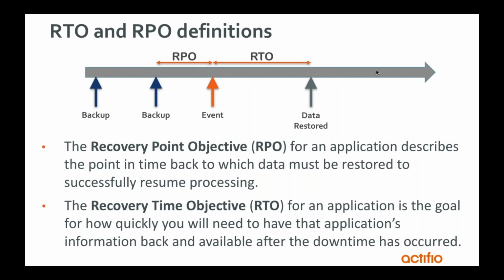Here we see a good graph of the two and how they relate. The key thing to remember is that the RPO represents the amount of data loss. During that RPO time, we're going back to the last backup available, which means we have lost any data created during that time. An RTO represents the downtime before the data is restored and we are able to pick up again with our business.